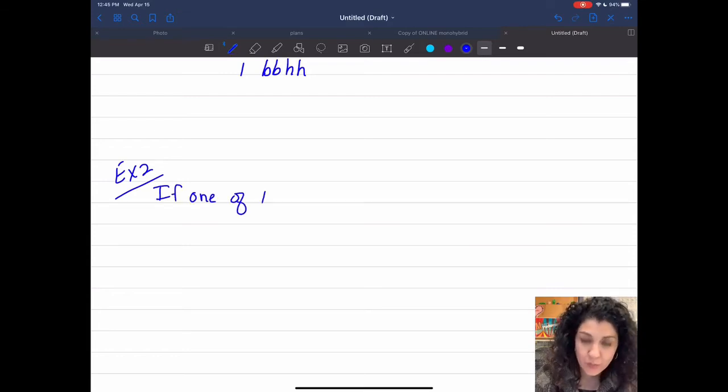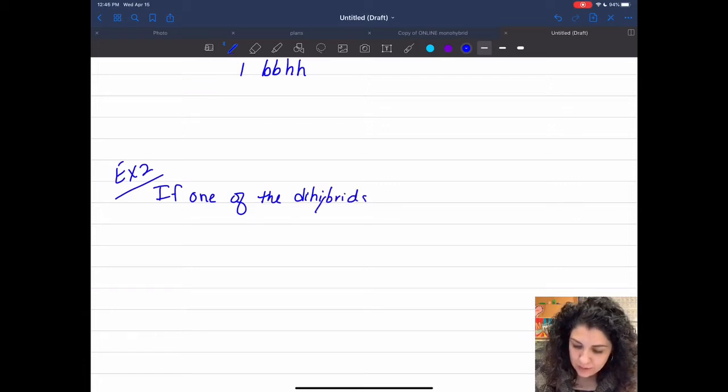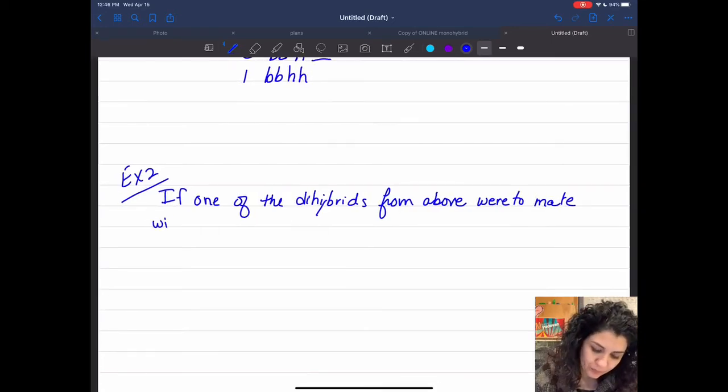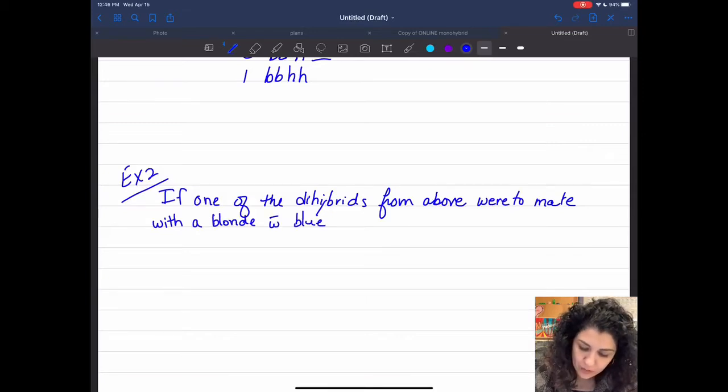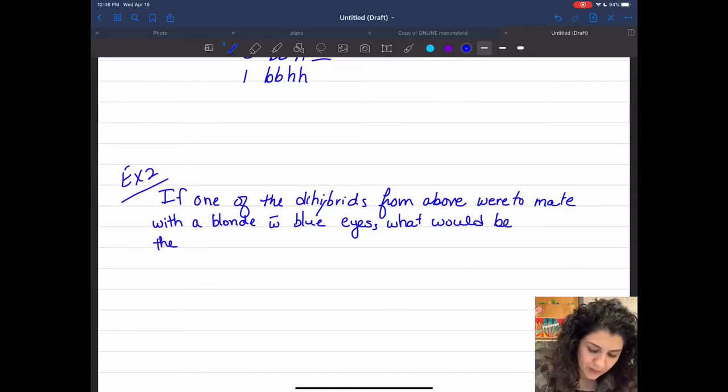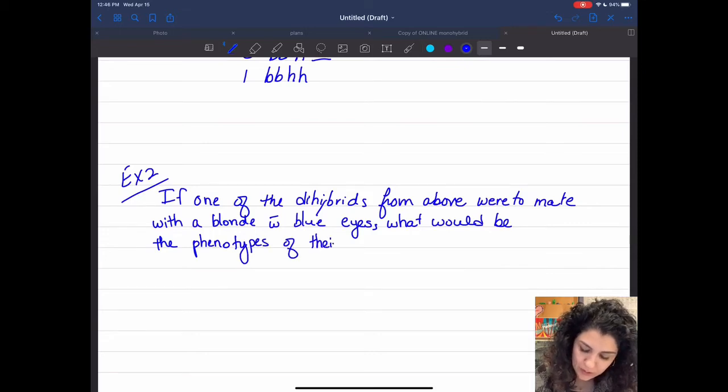If one of the dihybrids that we used in the cross from above were to mate with a blonde with blue eyes, what would be the phenotypes of their offspring?